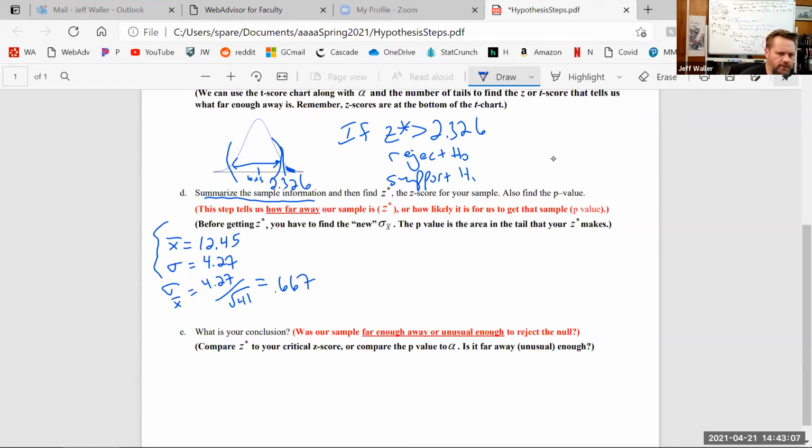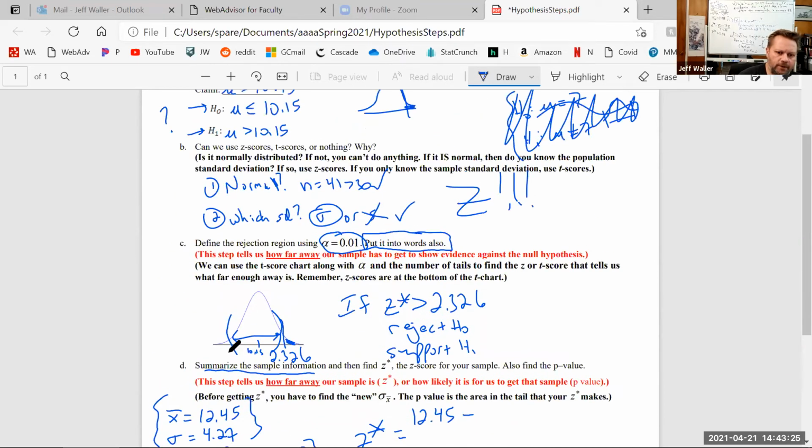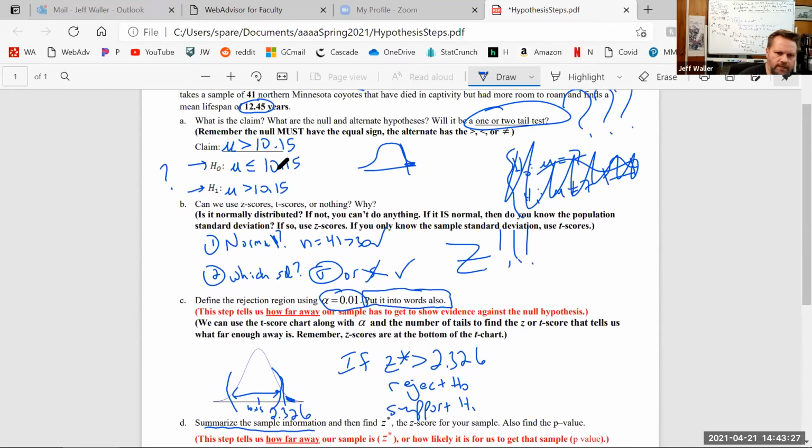So, of course, you have to do this, because we took a sample, we're talking about the sample mean. Of course, I got to change the standard deviation. And then I can do my z-score, which the formula never really changes. My data, we found 12.45, minus the supposed middle, 10.15.